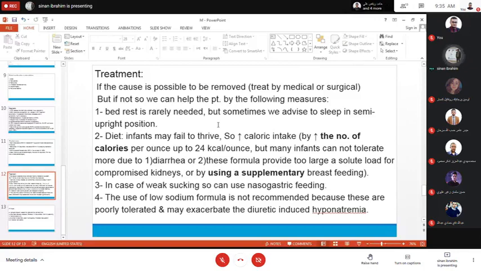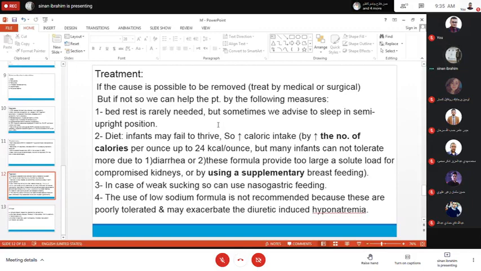As you know, the normal formula available on the market usually contains 20 kilocalories per ounce. So we have a special formula for patients with low birth weight or failure to thrive. This will increase the kilocalories up to 24 kilocalories per ounce, so as to increase the weight gain.